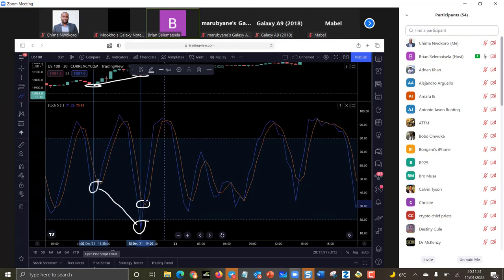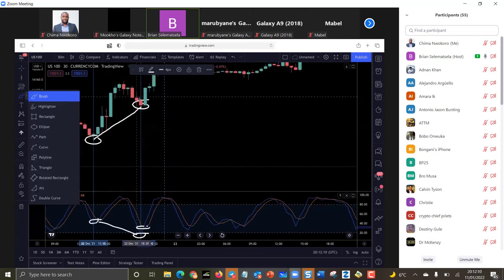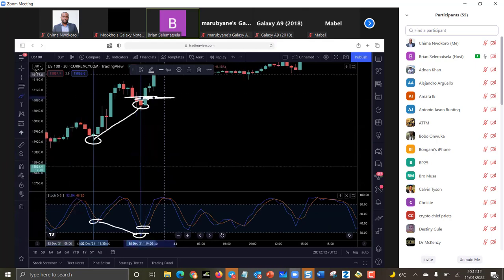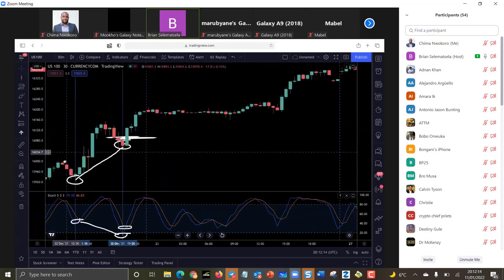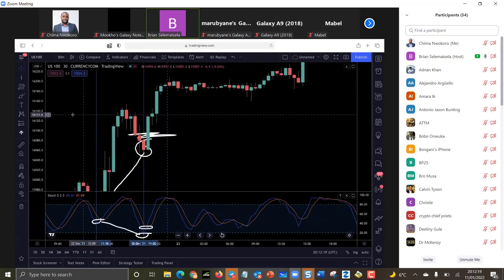And immediately after those 2 lines cross, that's when we start executing for a buy. Okay. And yeah, take it from there. Buy there. And the market will favor us.